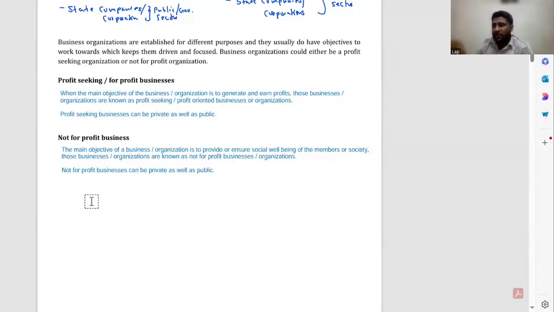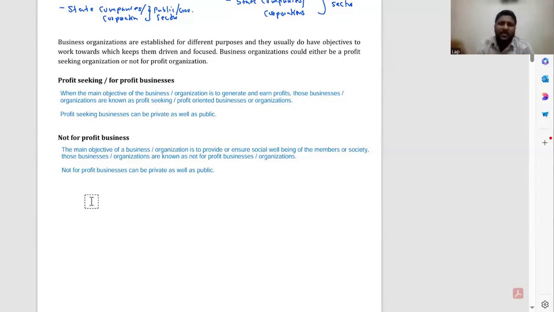Classification based on the ownership. If you are classifying based on the ownership, you can classify into private ownership and public or government ownership. Privately owned businesses, government owned businesses. Now, the commercial bank is a private business. HNB bank, a private business.